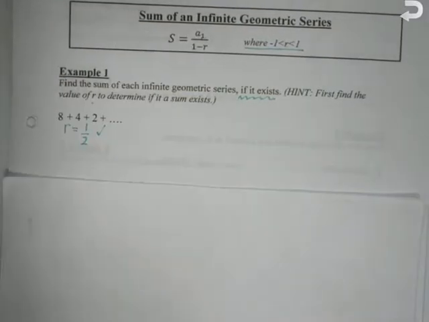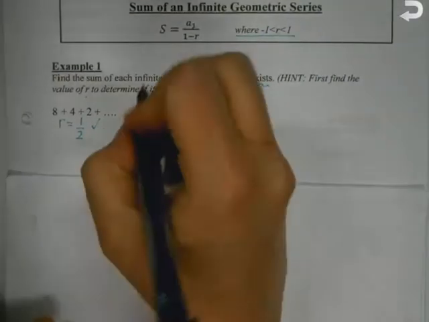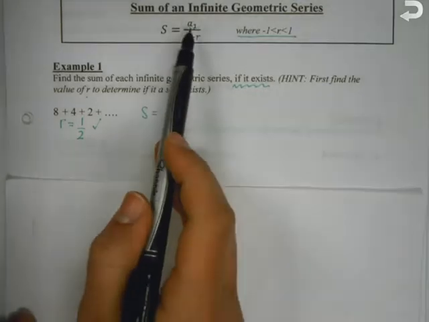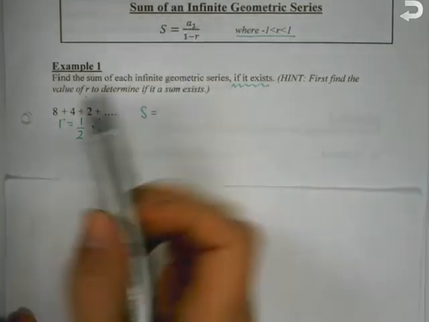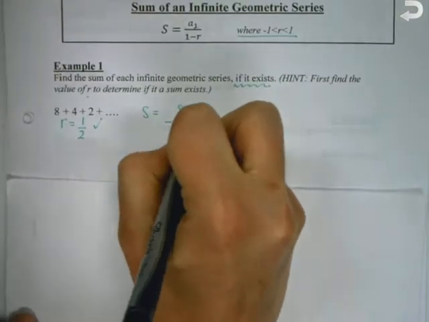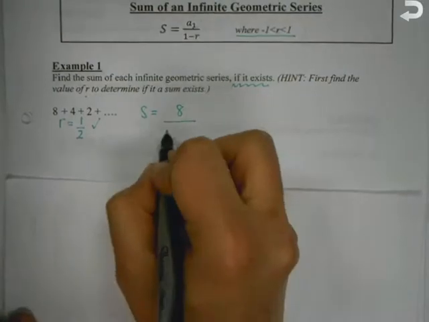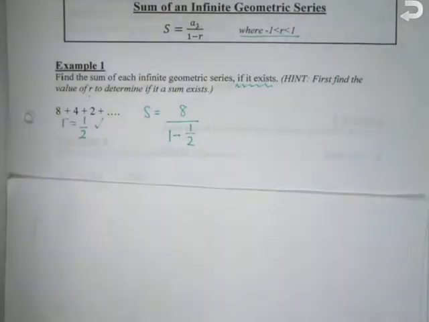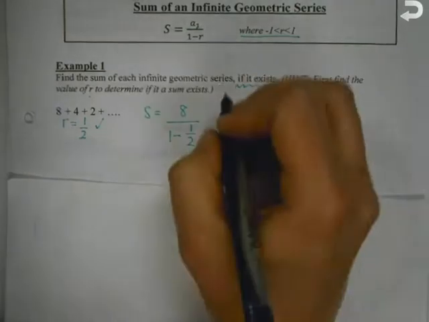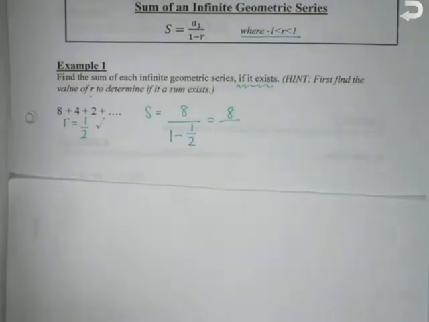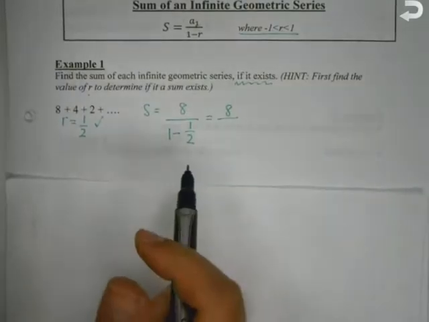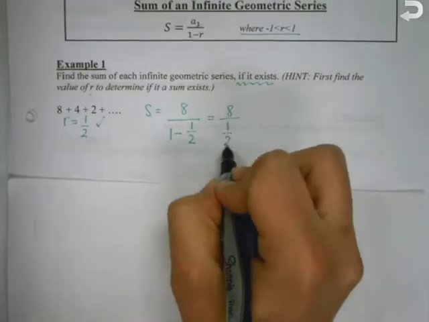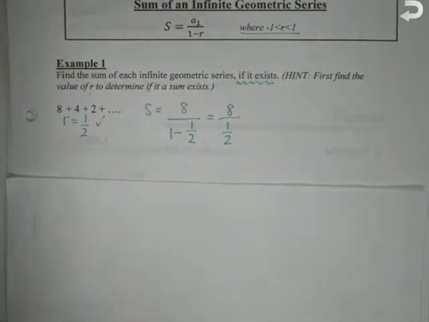Okay. The sum equals a sub 1. What's a sub 1? 8. So we're going to plug in 8 over 1 minus r, which is 1/2. Okay, so this gives me 8 over, what's 1 minus 1/2? Half. Good. Okay, now this is a number divided by a fraction.